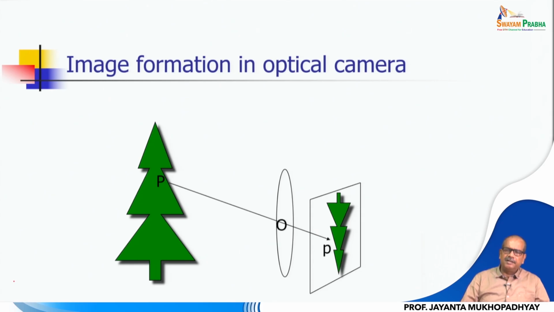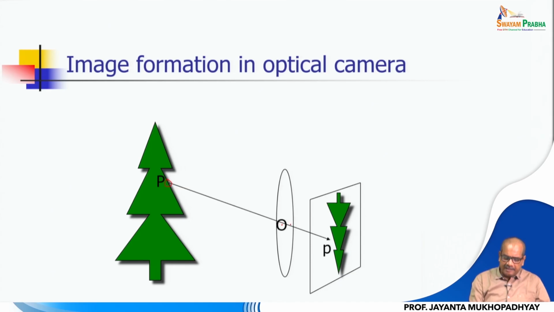As we have already discussed earlier, in an optical camera, when the image is formed, the rule of projection of a three-dimensional coordinate point is that you draw a straight line passing through a point which is called the center of projection. In this case, it is the center of the lens for the optical camera.